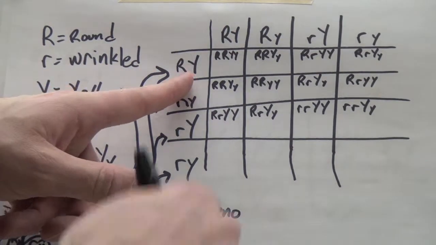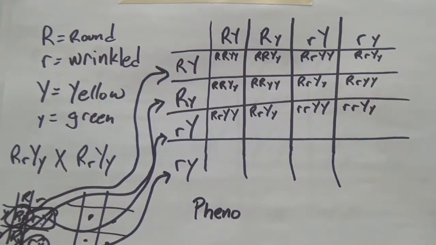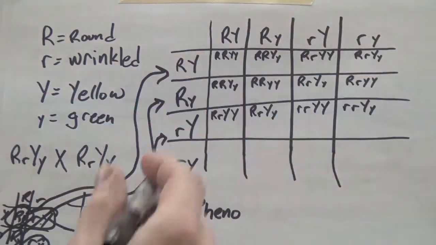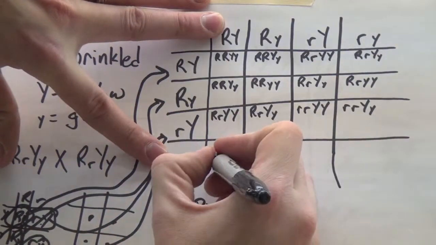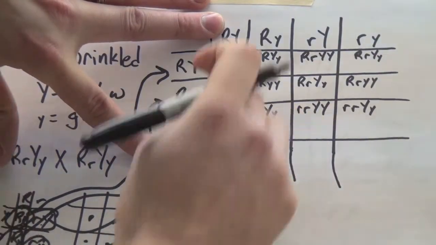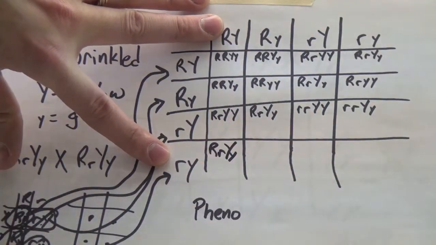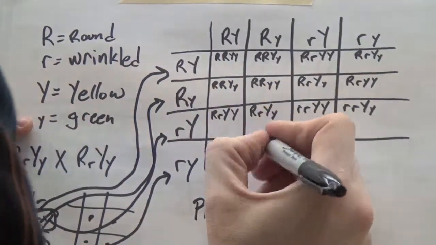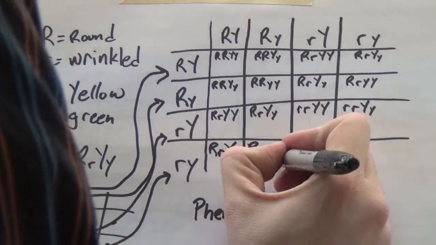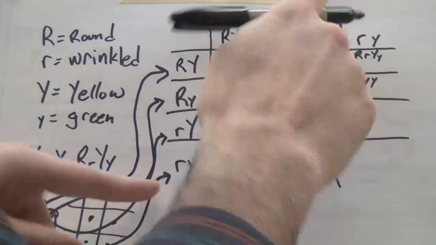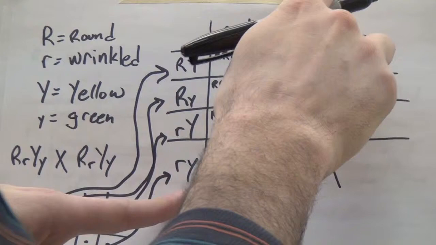Okay, so here's a big R going here, big Y going here. Let me show you this. So we have a big R, little r. Remember, the capitals go first. Big R, little r, big Y, little y. Right? Big R, little y, little r, big Y, little y.